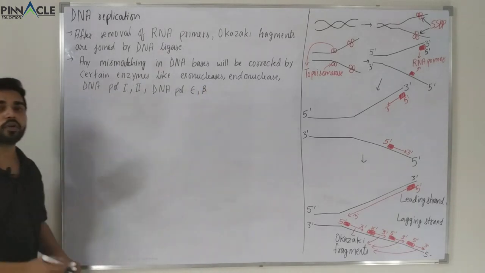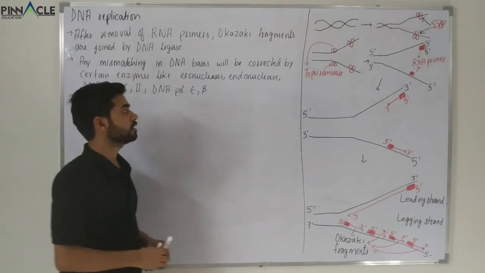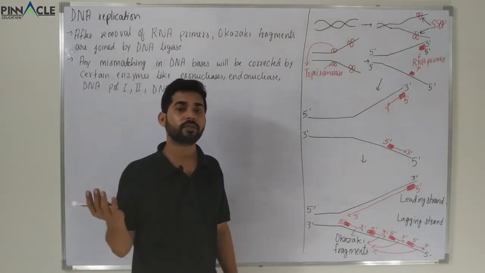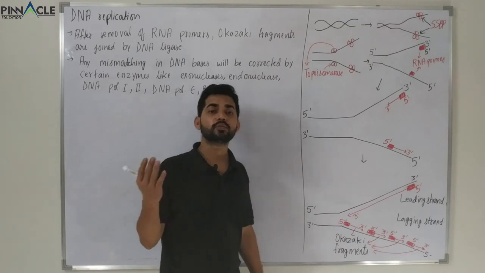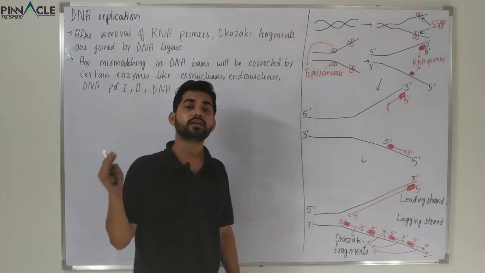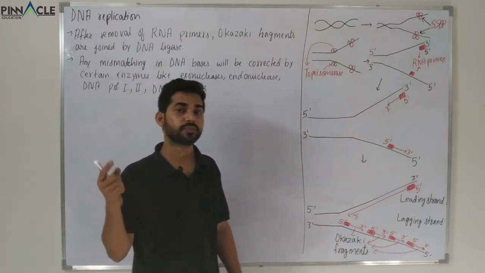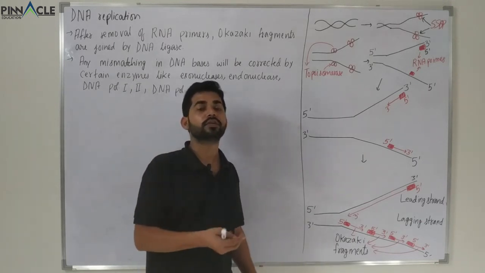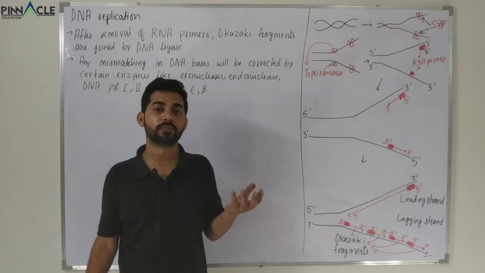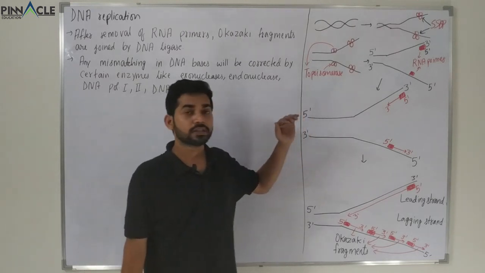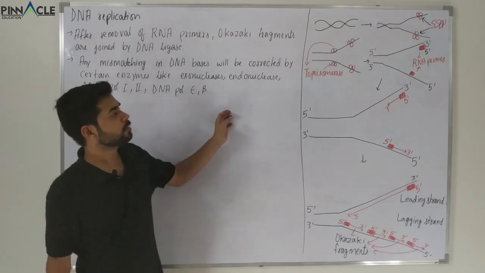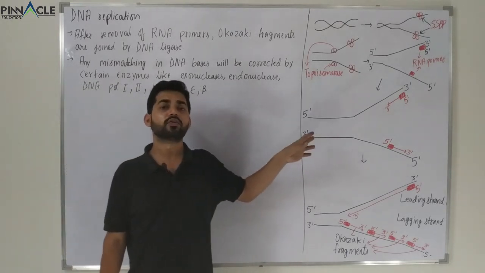So these are the normal correctional enzymes for mismatches. If adenine and thymine have to be matched, and if adenine comes opposite to a guanine, then either guanine has to be replaced by thymine, or adenine will have to be replaced by cytosine. Such corrections are carried out by these enzymes.